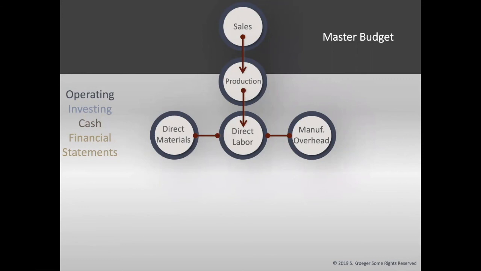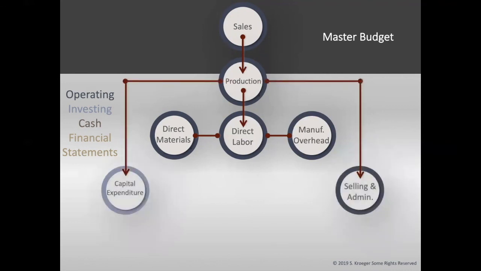First are the operational budgets. We always begin with the sales budget because that will dictate the necessary spending for the other budgets. Once we know how many units we plan on selling, we can determine how many units to make. Once we know how many units to make, we can calculate how much we will spend on materials, labor, and overhead.